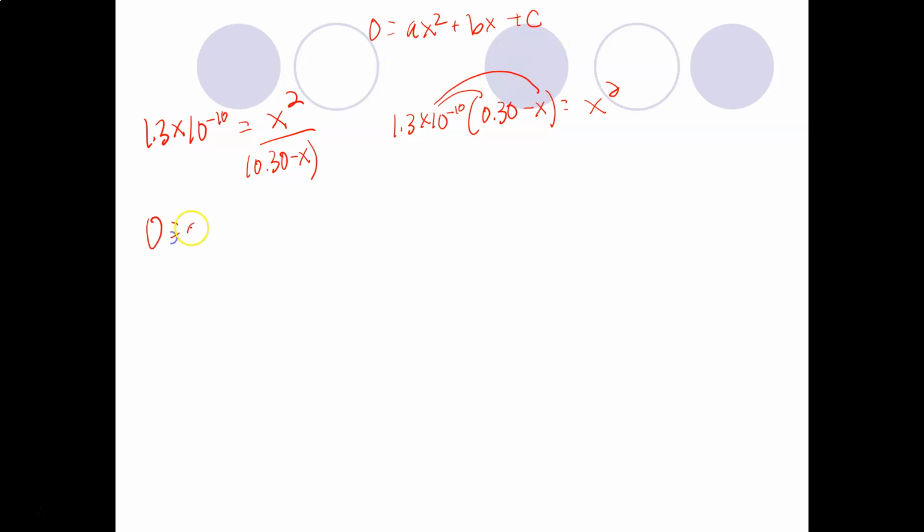Which is 0 equals x squared plus 1.3 times 10 to the negative 10th x minus 3.9 times 10 to the negative 11th. So the a value is 1, the b value is 1.3 times 10 to the negative 10th, and the c value is negative 3.9 times 10 to the negative 11th.